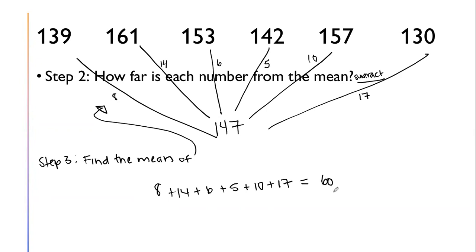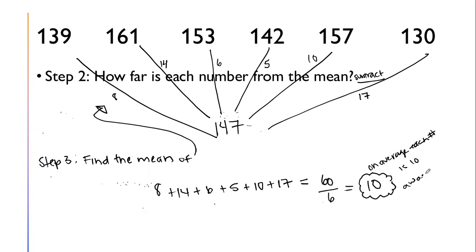And then do what? Divide it by 6. And that will give me 10. So my answer is 10. That means on average, each number is about 10 away from the mean. On average, each number is 10 away from the mean.